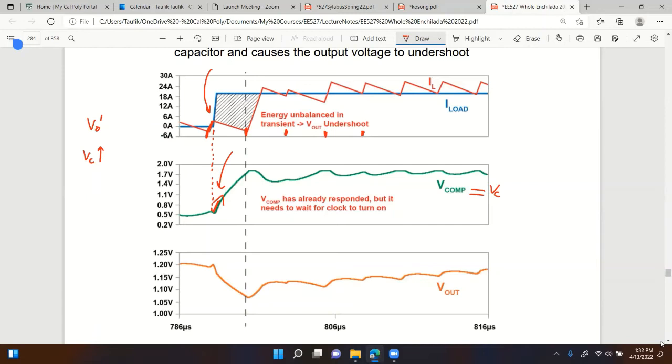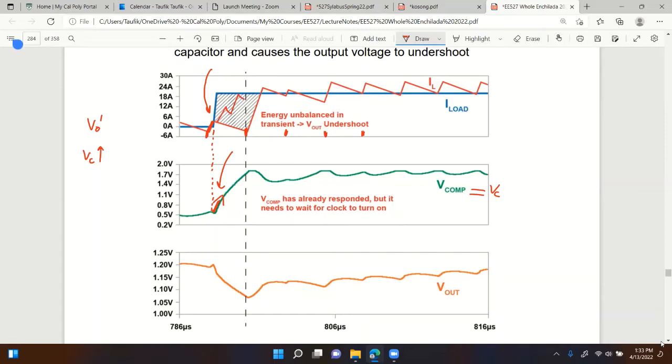So right now, all you can do is just turn off the switch, right? Instead of right away turning on the switch again, elongating the duty cycle, it has to wait. Now it's just discharging the inductor again, right? What it's supposed to do is, as soon as it sees the increase in the error signal, this should go up, right?